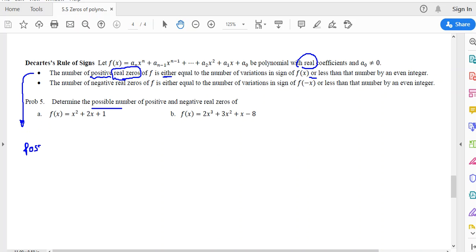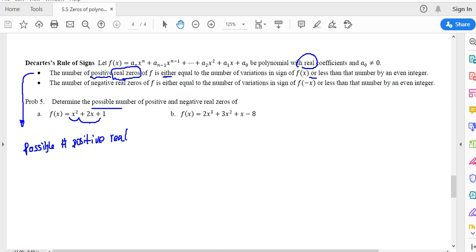Now let's use these statements to identify the possible number of positive real zeros. Let's count how many sign changes. If you look at it, positive to positive, no sign change. Positive to positive, no sign change.